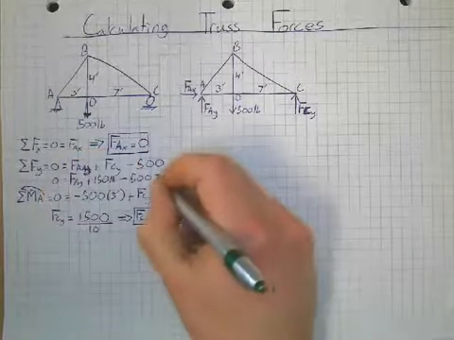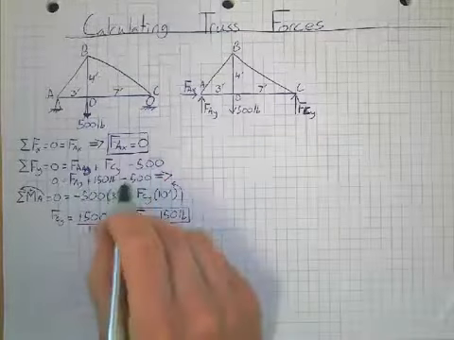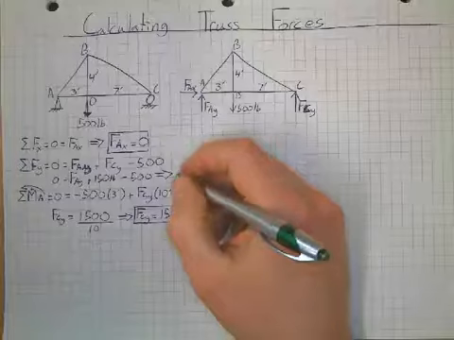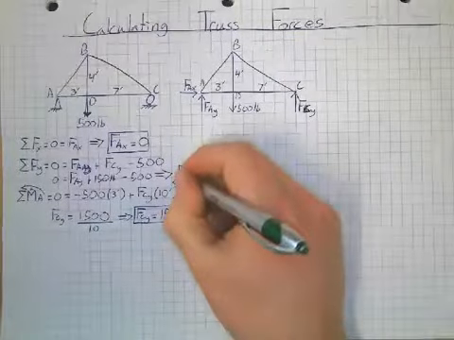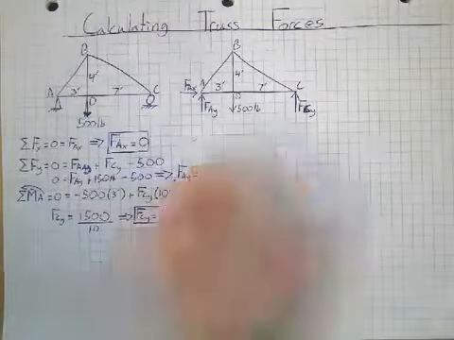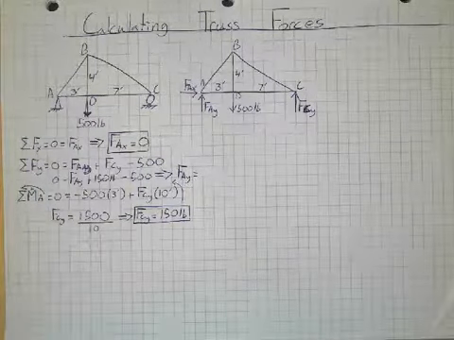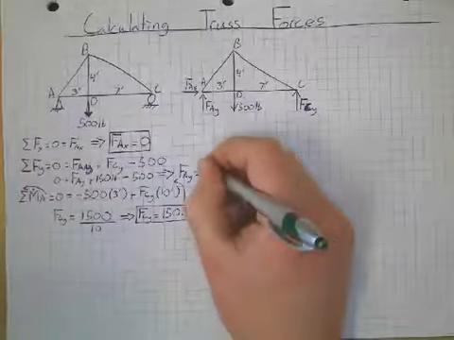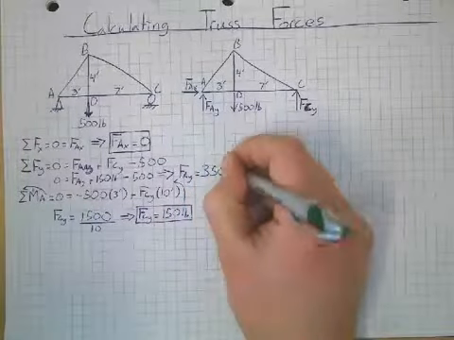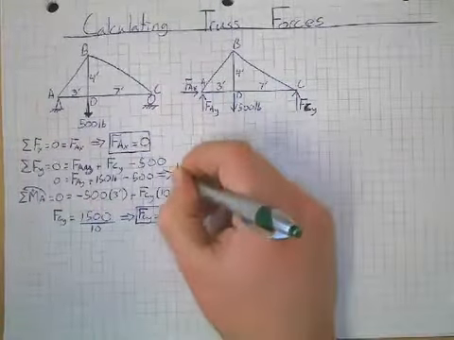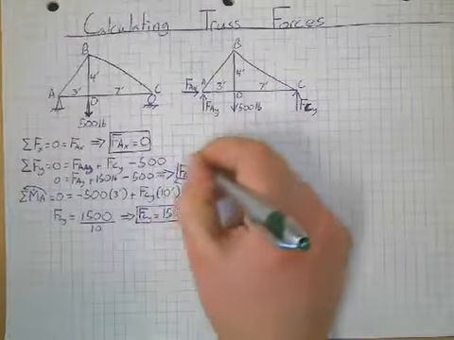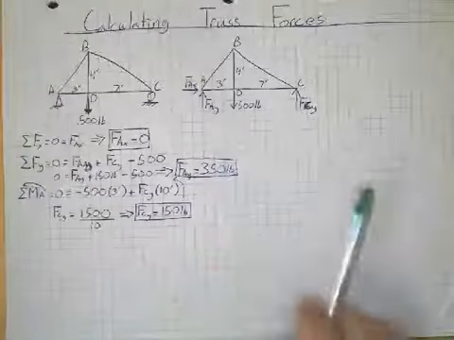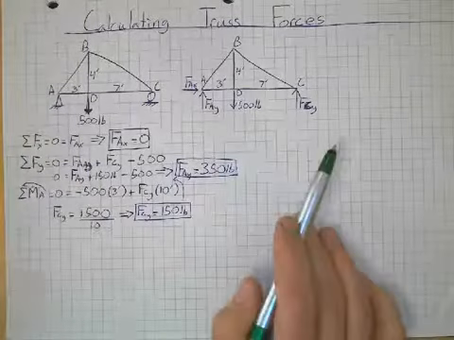If I solve for that by combining these two and moving them over, I end up with FAY being equal to 350 pounds. So I got FAY equal to 350 pounds. Boom, boom, boom. I've got my 3 external reaction forces calculated.